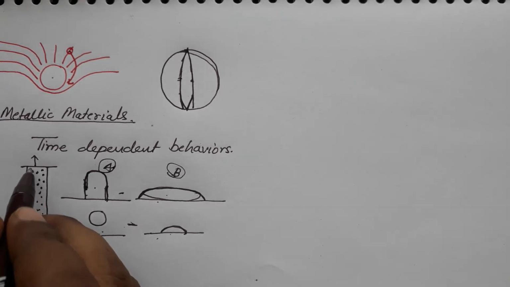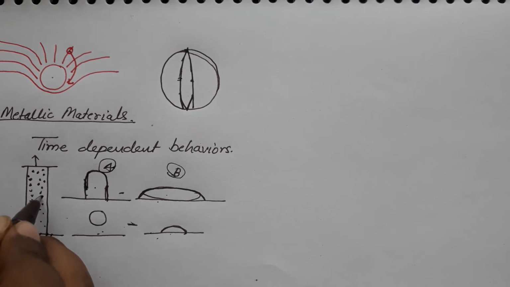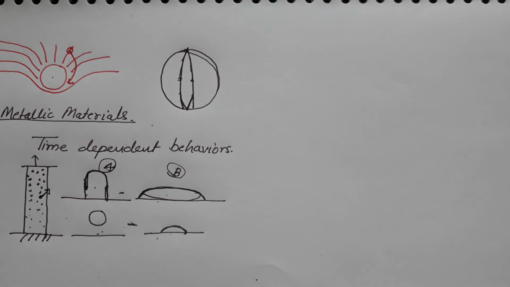So, if you pull it so fast that you do not allow the atoms to move, so if an atom has to go from this place to that place, it will take some time, and if you do not allow that much amount of time, then you cannot deform it to that extent for the same amount of stress you apply.